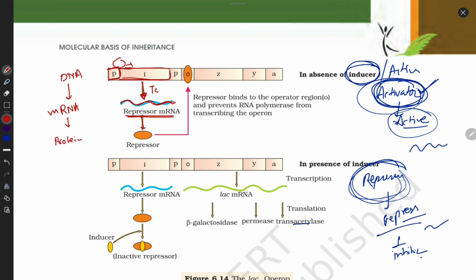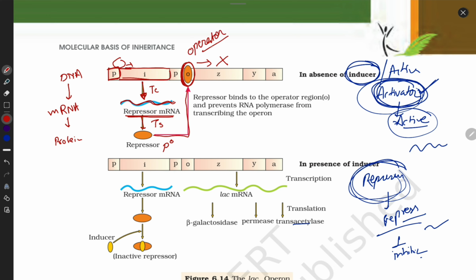With the help of translation, they make the repressor protein. And what will the repressor do? It comes and binds with the operator. If someone blocks this operator region, the further process is not done.